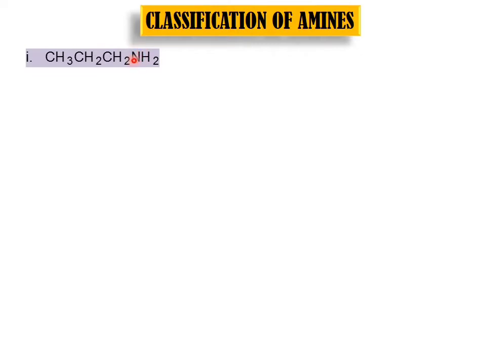So we need to see how many alkyl groups are bonded with this nitrogen. Like that. Okay. So in this amine, we have only one alkyl group bonded to this nitrogen. Only one. So one alkyl group means this is a primary amine.